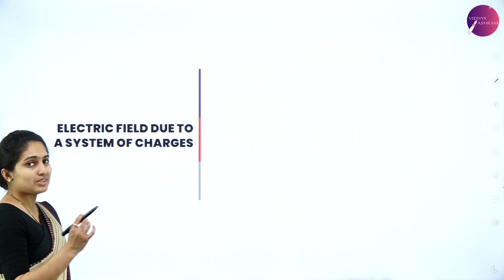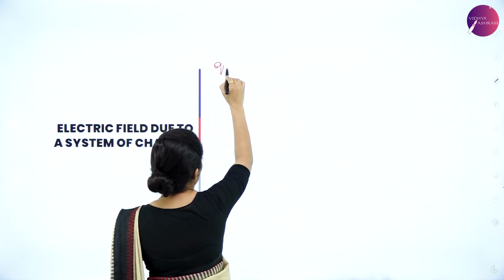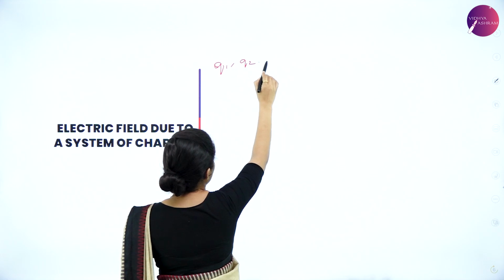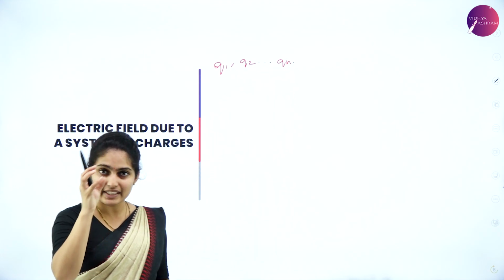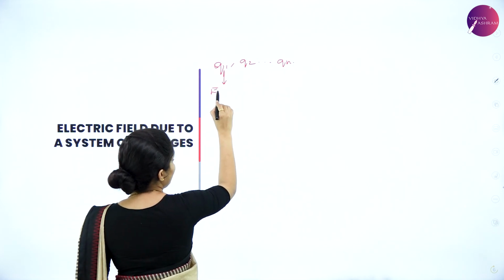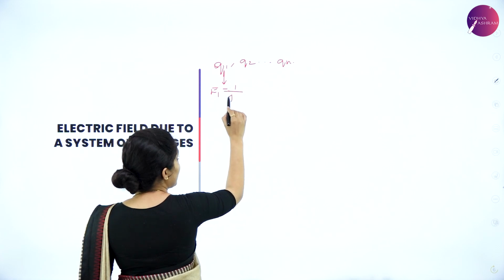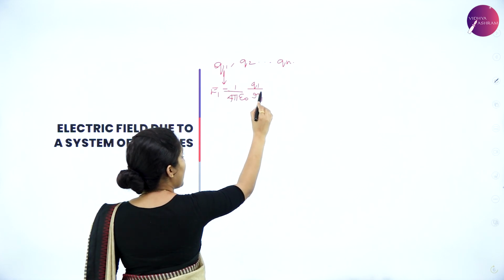Electric field due to system of charges. Suppose we have charges like Q1, Q2 goes up till Qn. Electric field due to these charges is given by E1 is equal to 1 by 4 pi epsilon naught Q1 divided by R1 square.